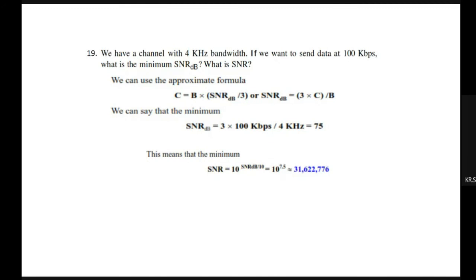Otherwise, we can write SNR dB equals 3 times C divided by B. Based on that formula, we can find the SNR dB, which is 75. Then the minimum SNR is 10 power SNR dB divided by 10, that is 10 power 7.5. So we can find the final value, the minimum SNR value. Okay. These are all the signal level problems in the first module.